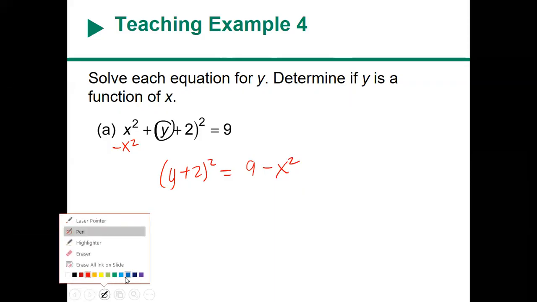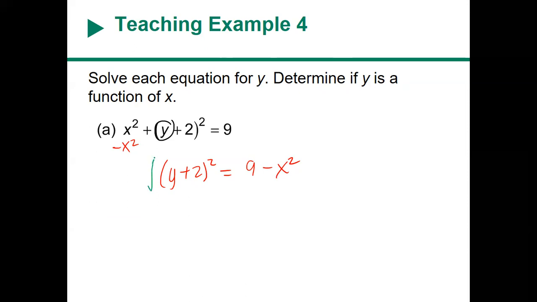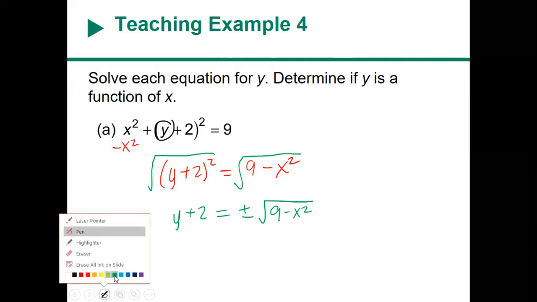And now I can take the square root of both sides. So now I'm left with y plus 2 equals plus or minus the square root of 9 minus x squared. And then I'm going to subtract the 2.